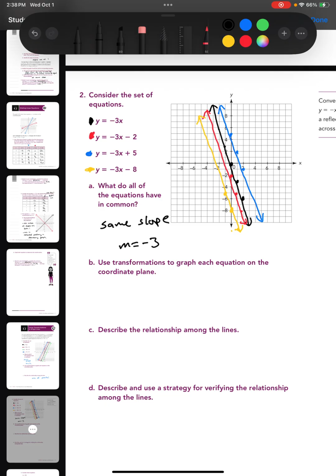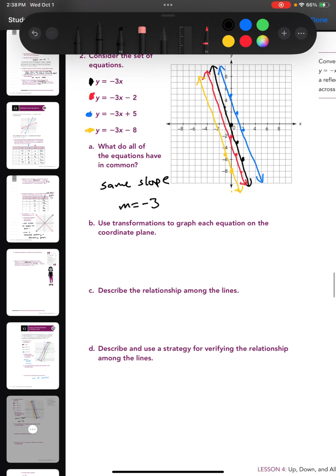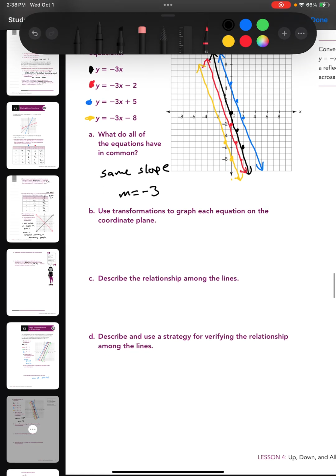Okay, we used transformations to graph each equation already. C, describe the relationship among the lines. Again, they are all parallel because they have the same slope. And it says describe and use a strategy to verify the relationship among the lines.